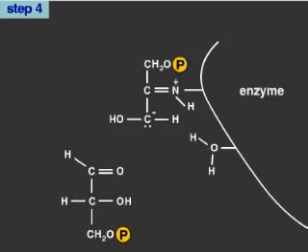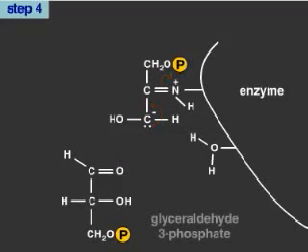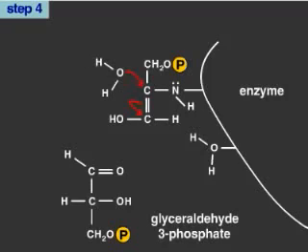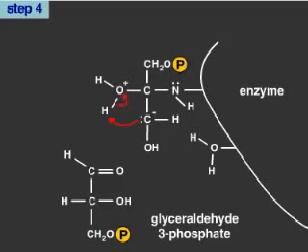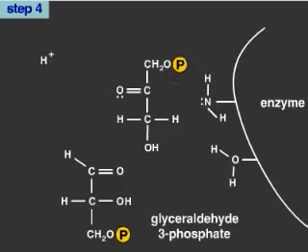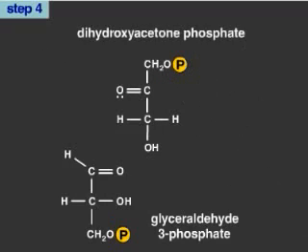One molecule that is formed is the 3-carbon glyceraldehyde 3-phosphate. The enzyme performs additional reactions on the second 3-carbon molecule. The second molecule is dihydroxyacetone phosphate.